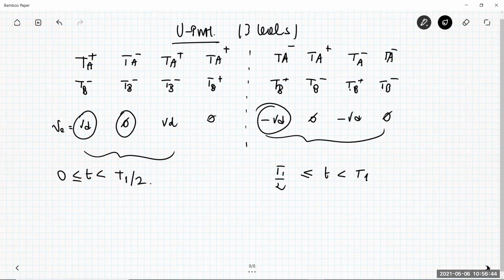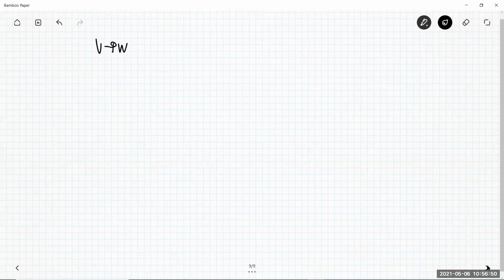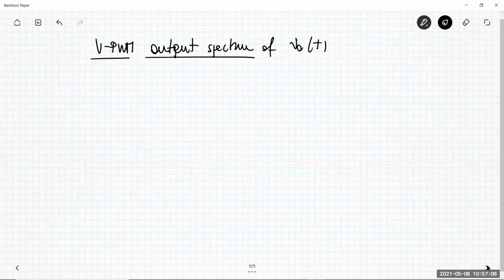What about the output spectrum? Let's have a closer look at the output spectrum of the voltage V0. This is the output spectrum of the red curve I showed you in the slide, the red instantaneous voltage V0, which has twice the switching frequency.